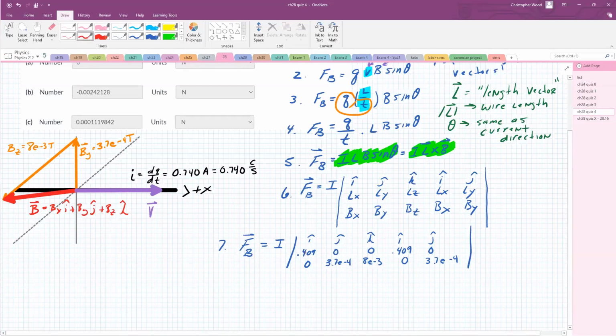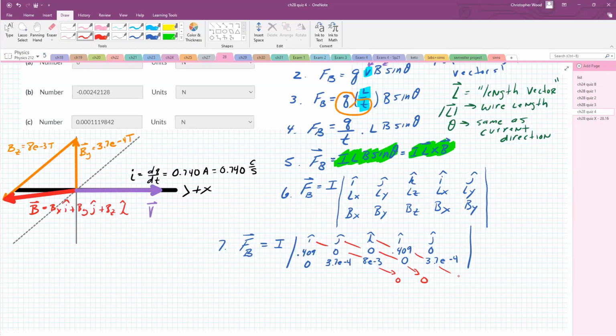Here goes. Ready? What is i times 0 times that? That equals 0. What is j hat times 0 times 0? That's equal to 0. What is k hat times 0.409 times that number? I'll do that right now: 0.409 times 3.7E minus 4.